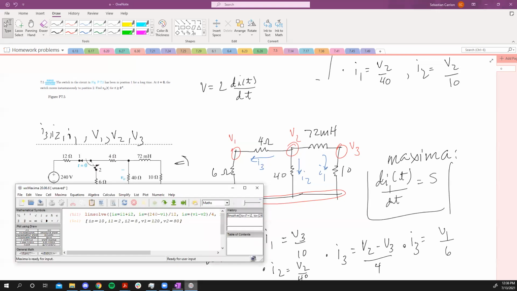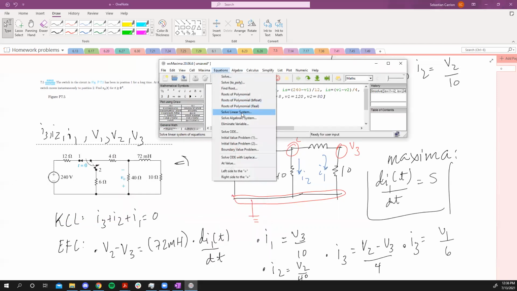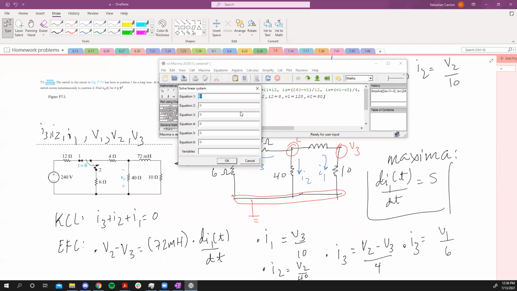So you go back again to Maxima and put this in. We got I1 plus I2 plus I3 equals 0. V2 minus V3 equals 72 times 10 to the minus 3 times S. I1 equals V3 over 10.